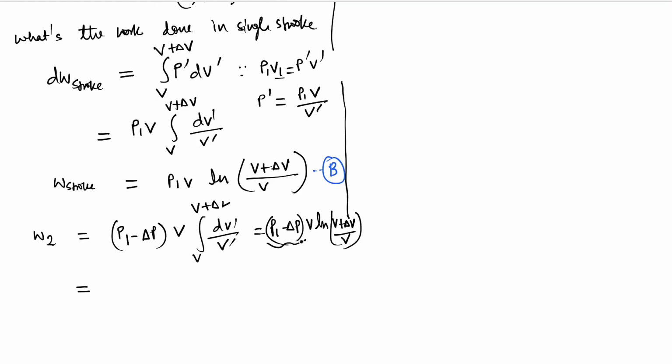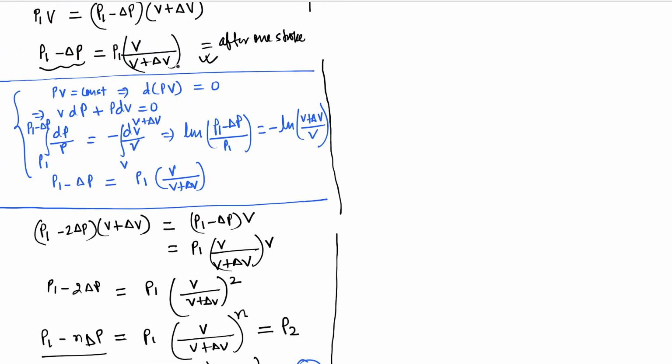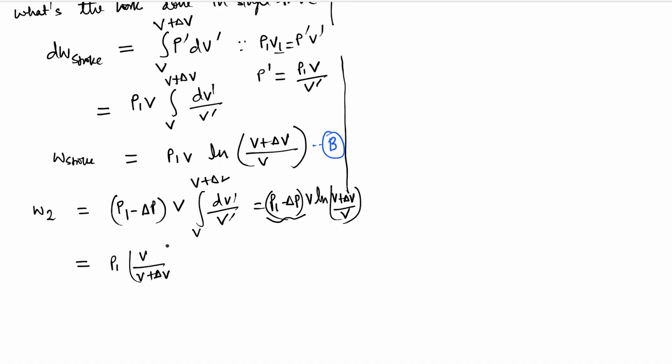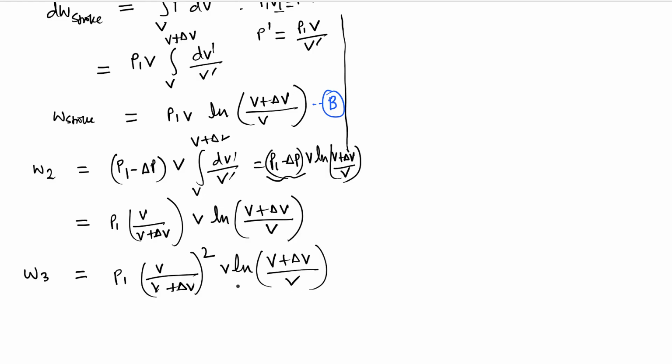We already know what P1 - delta P is, we have computed it here. So we can write P1 V by (V + delta V) times V ln((V + delta V) by V). And if you compute W3, it will be simply P1 V by (V + delta V) square times V ln((V + delta V) by V).